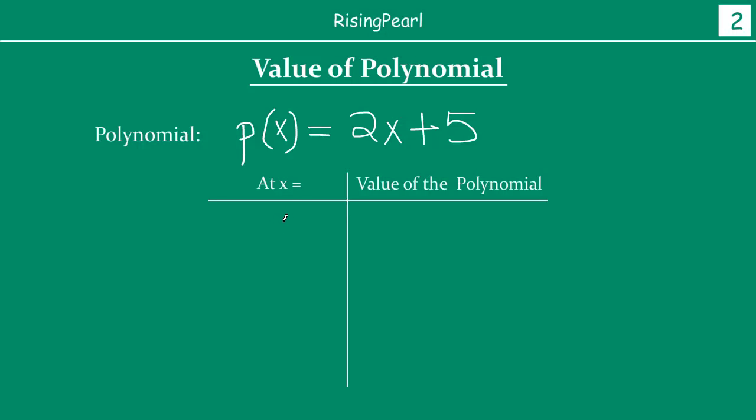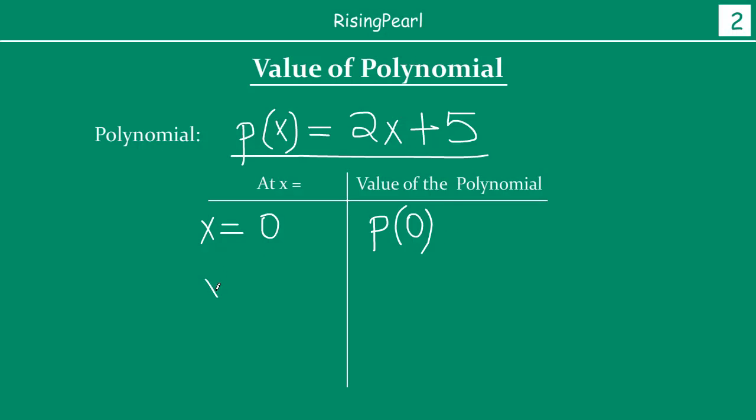Let's say we want to find out what is the value of this polynomial at x equal to 0. So when x is equal to 0, what is the value of the polynomial? And you know from earlier classes that we represent that like this: p for polynomial and within parentheses 0, because we are trying to find the value of this polynomial at x equals 0.